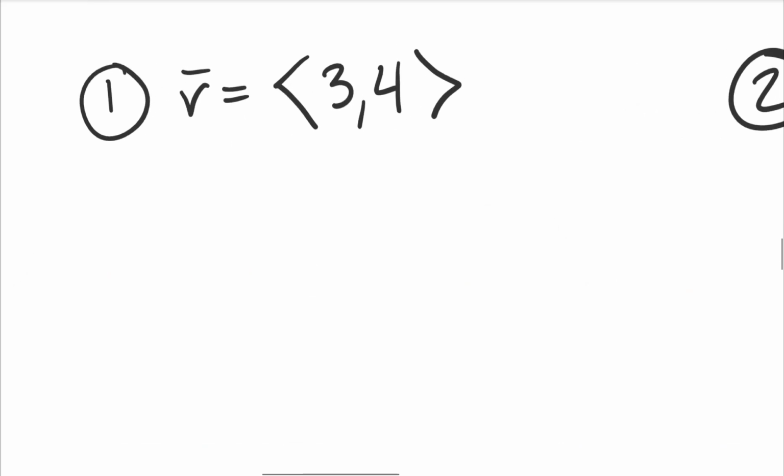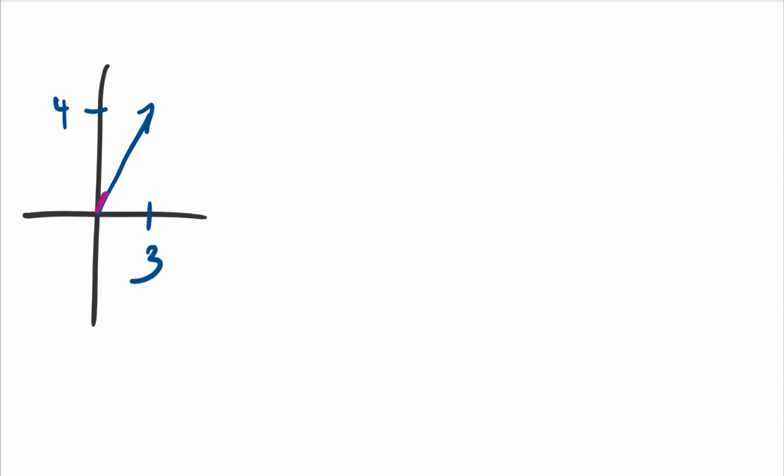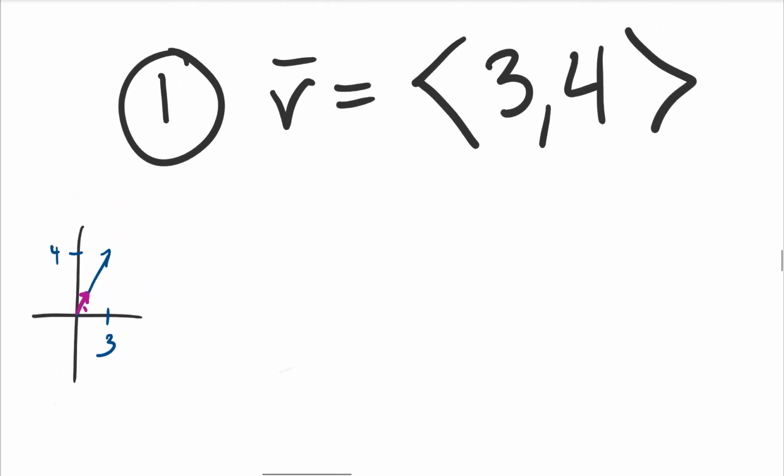Let's start in on our first problem. We've got 3, 4, some sort of vector, going like this. We want to know how long this vector is so we can cut it down and make it 1 unit long.